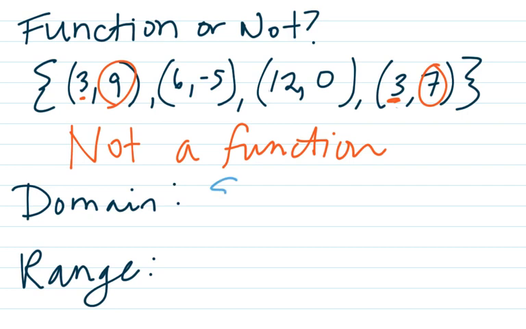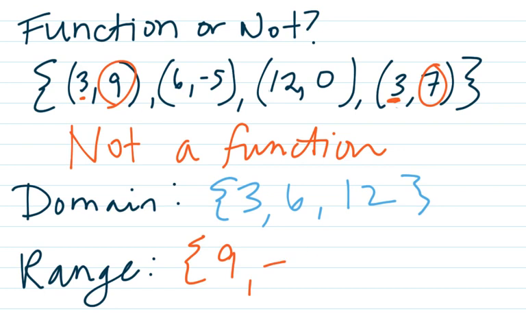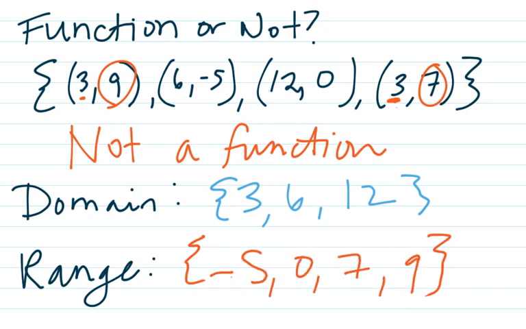The domain would be 3, 6, and 12. And the range is my y values, so that's 9, -5, 0, and 7. Now I'm going to put those in numerical order. In numerical order, it would be from least to greatest, -5, 0, 7, and 9.